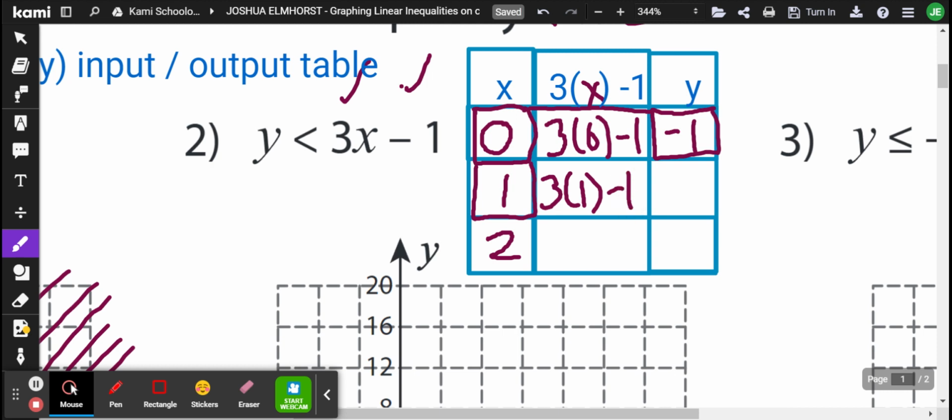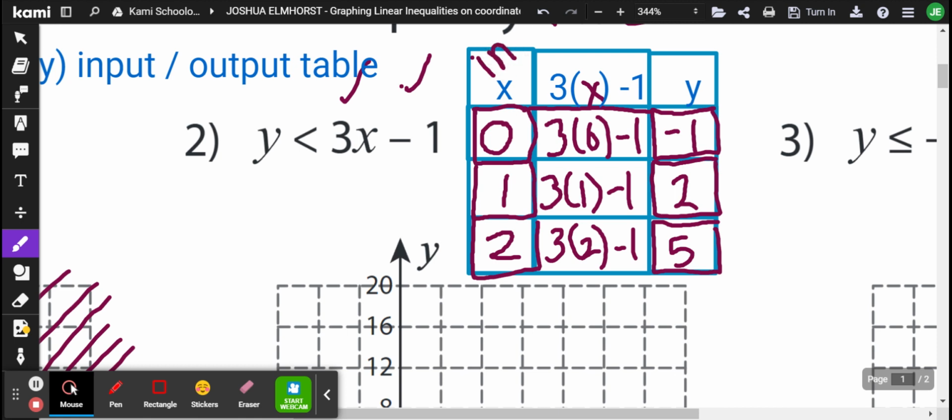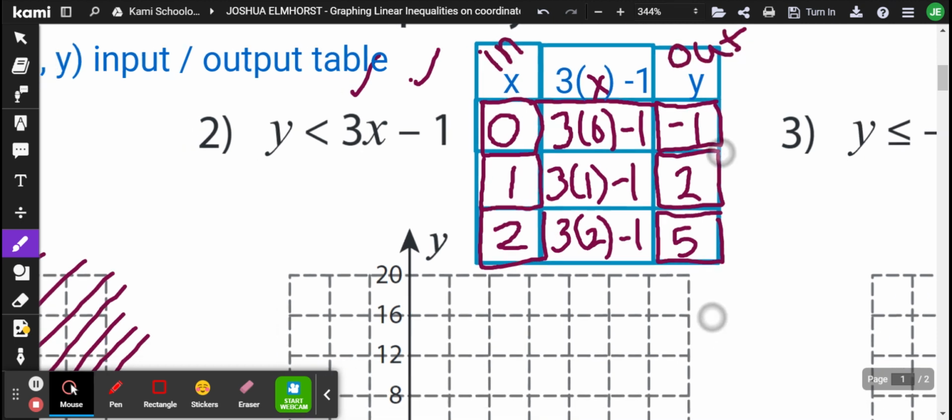So 3 times 1 is 3 minus 1 is going to be 2. And then for the last one down here, 3 times 2 is going to be 6 minus 1. So the output would be 5. So when x goes in, y comes out. And now those become our coordinates.